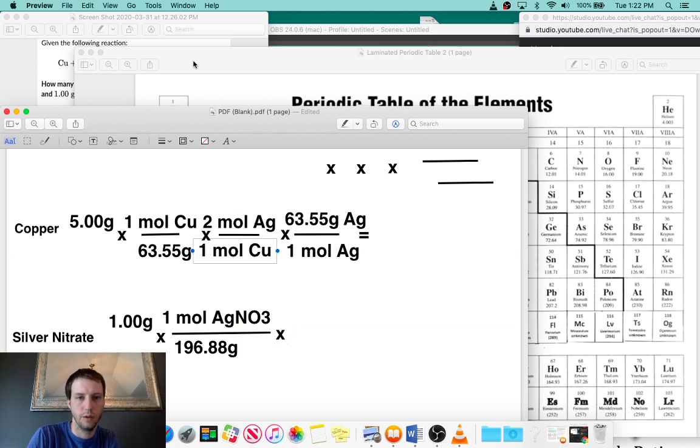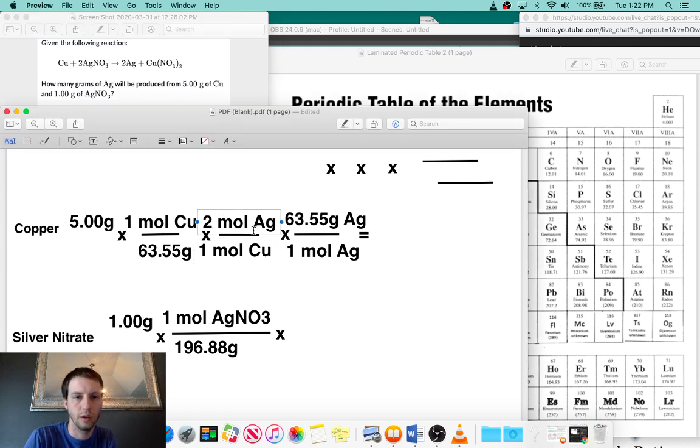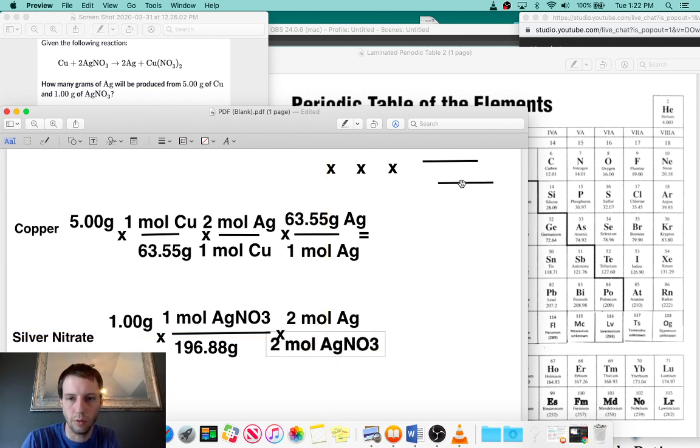Boom. Mole ratio between silver nitrate and silver is 2 to 2. We know that that's not going to affect anything. That's a 1-to-1 ratio, but just so that we're all clear, we're going to show that. Make 2 moles of silver, 2 moles of silver nitrate, and of 3.